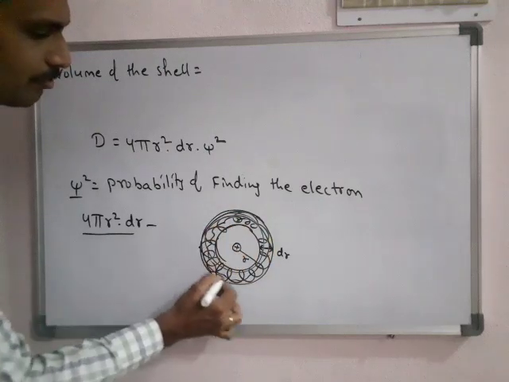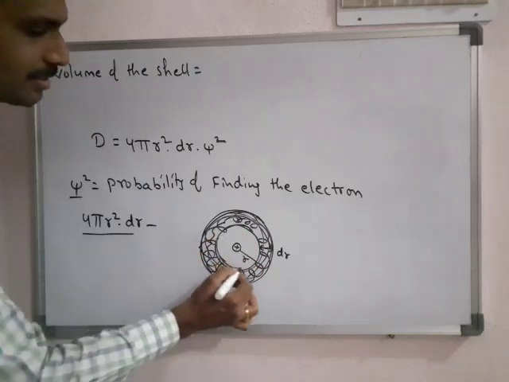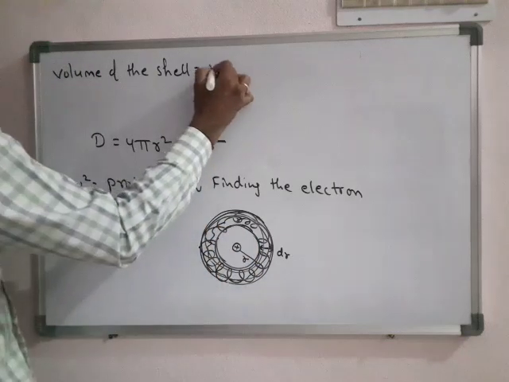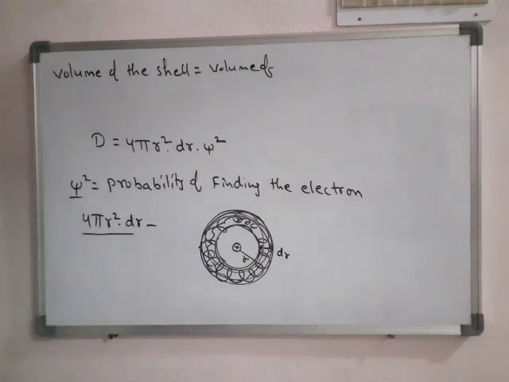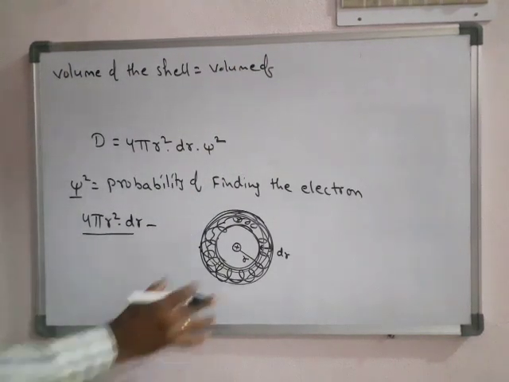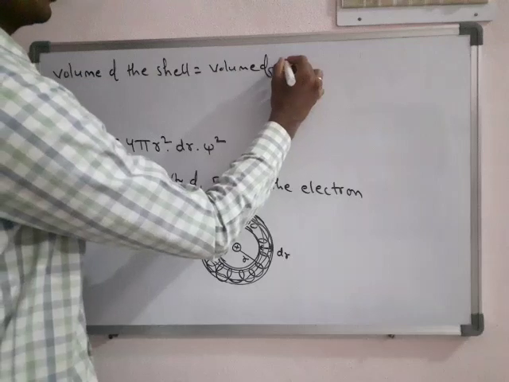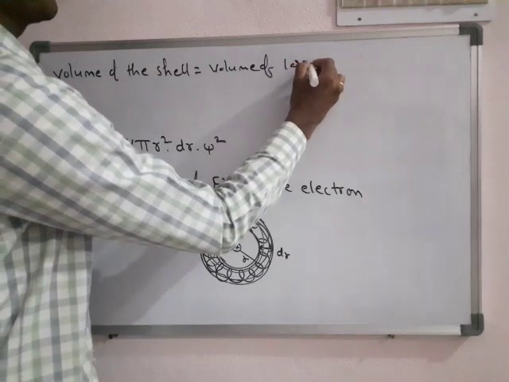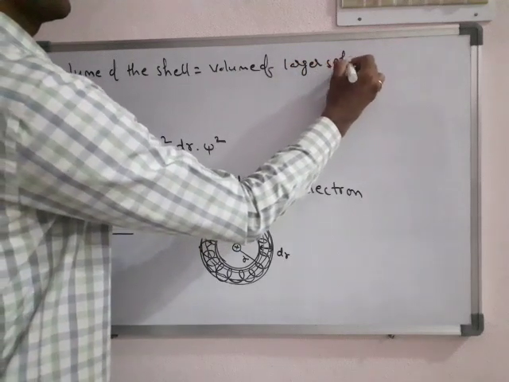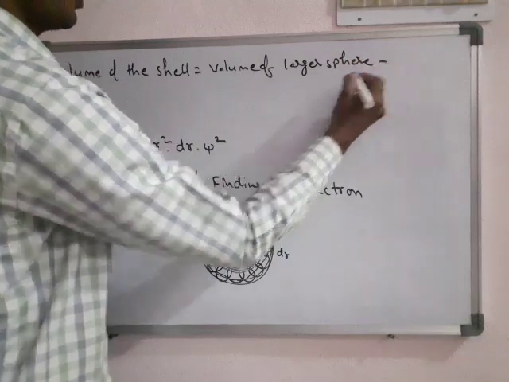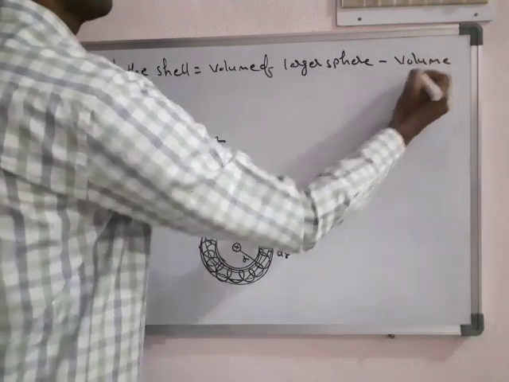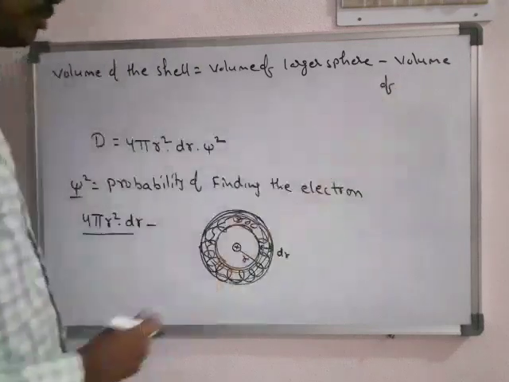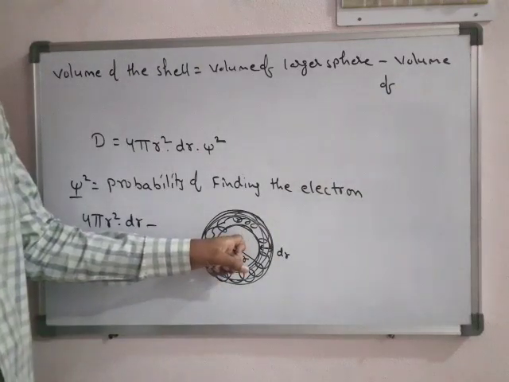The higher value minus the inner sphere: the volume of the larger sphere minus the volume of the smaller sphere.